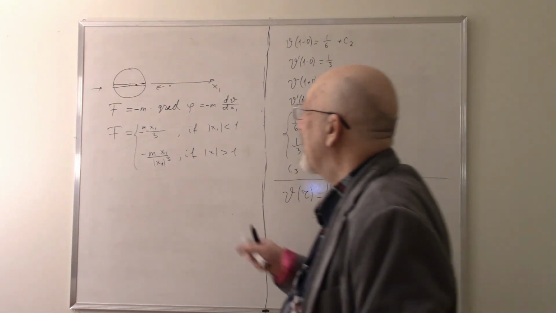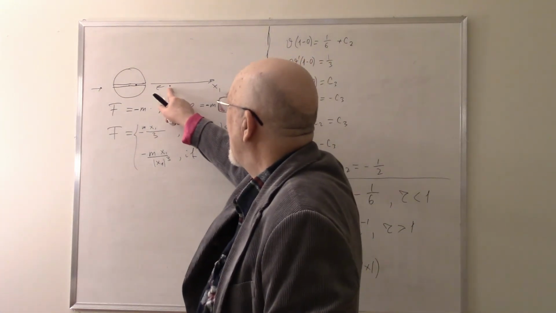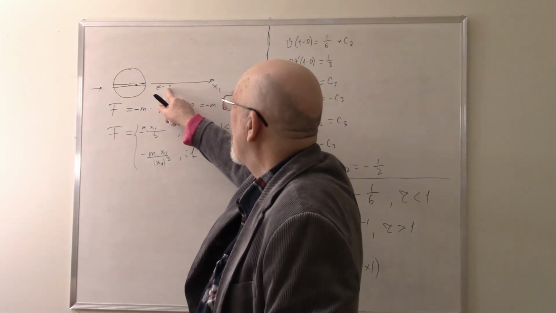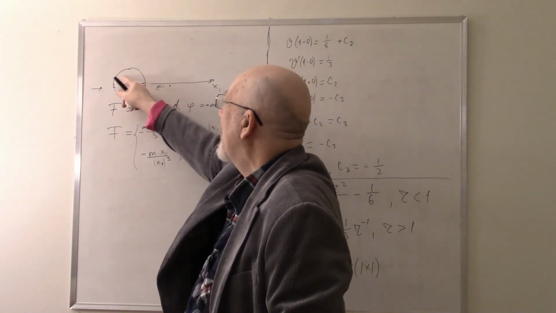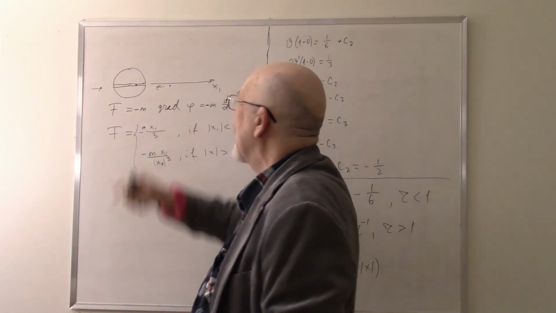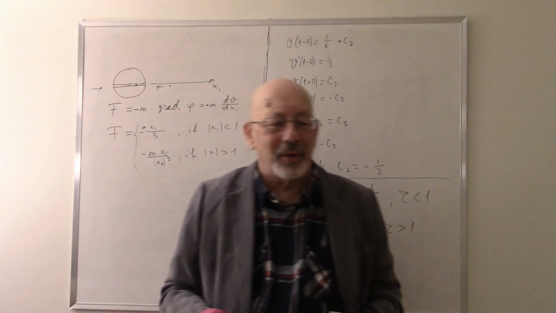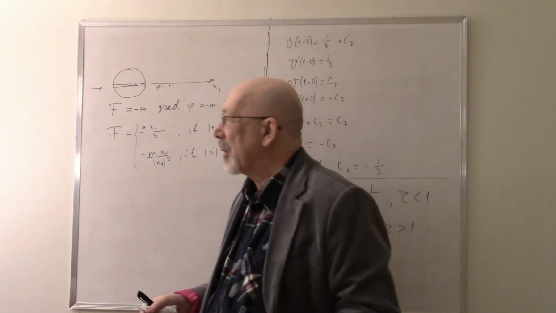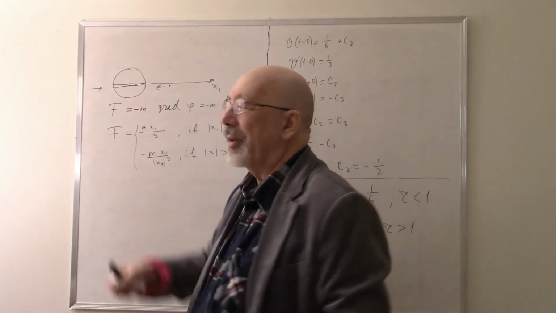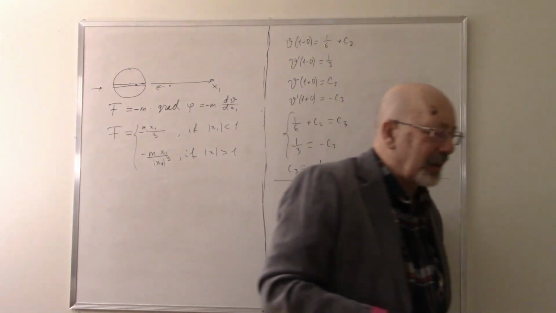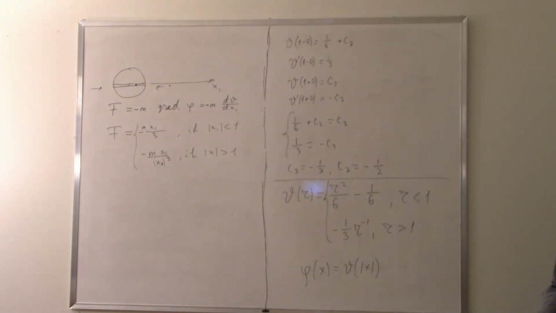He simply integrated the force produced by all small particles in the ball on this test particle, and proved that the force is the same as if all the mass of this ball was at the center. It was a great feat of Newton.